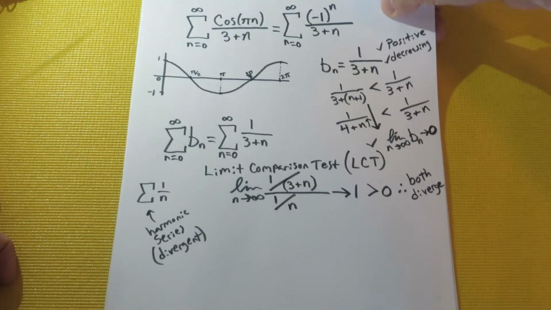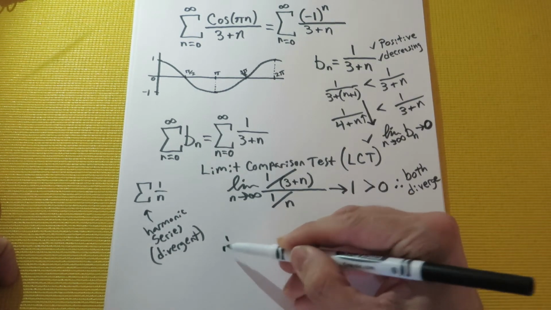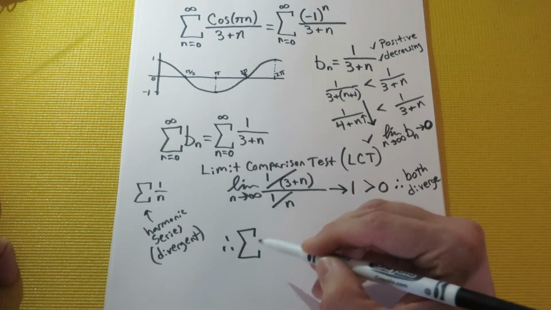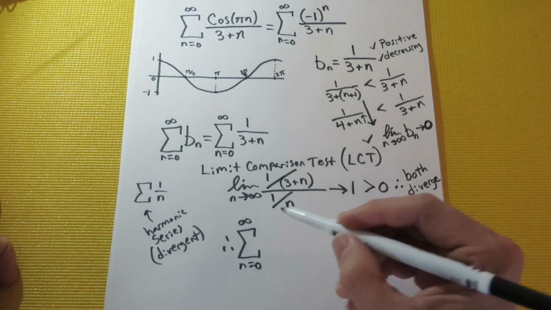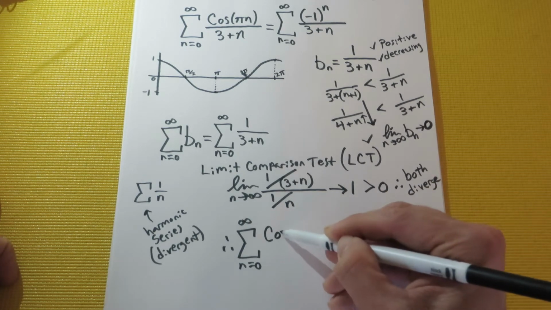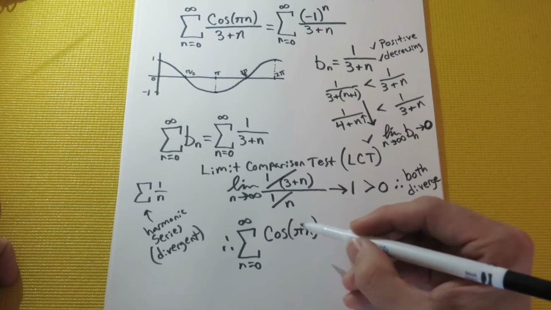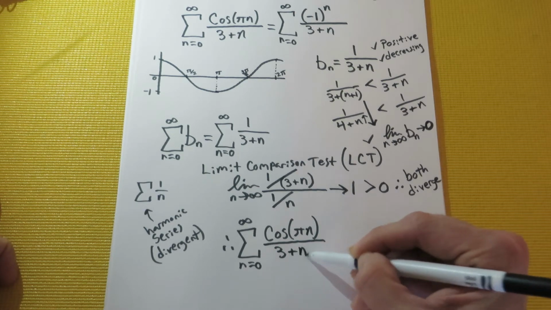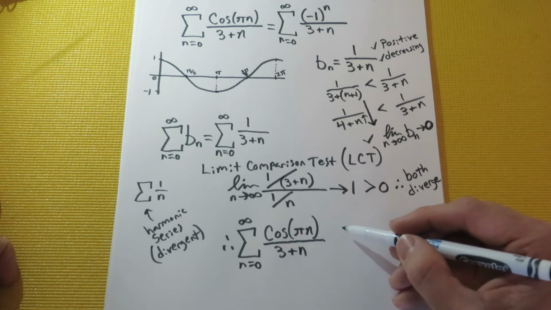So therefore, we've just shown that our series that we started with here, n equals 0 to infinity, of cosine pi times some integer, all of that over 3 plus n, converges.